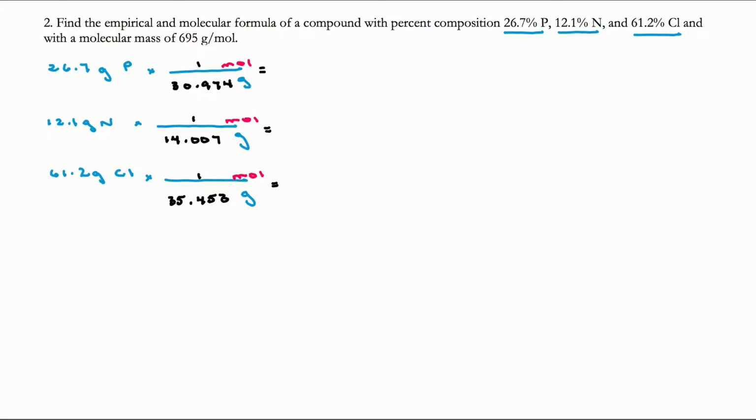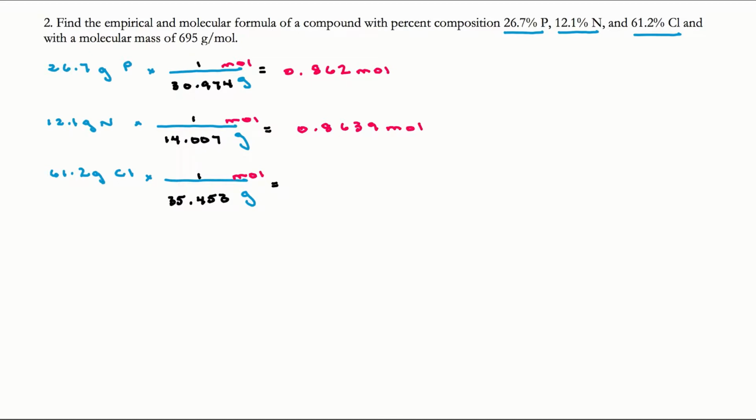So now I'm going to do some division. 26.7 divided by 30.974, I get 0.862 moles. Doing the same thing for nitrogen, 12.1 divided by 14.007, I get 0.8639 moles.